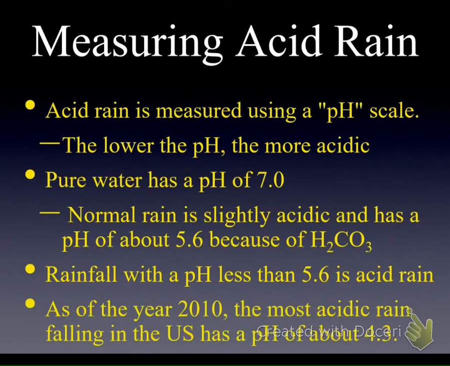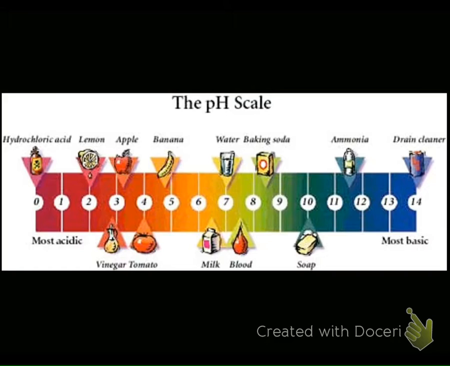And back in the 2010s, there were lots of times when there was rain with a pH of 4.3. So anything less than 5.6 is acid rain. Definitely at 4.3.